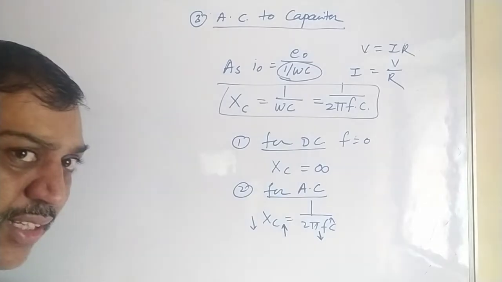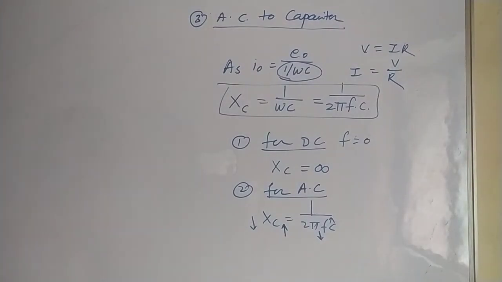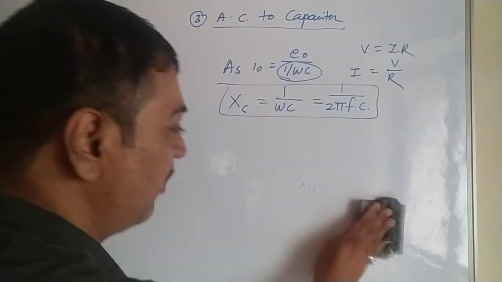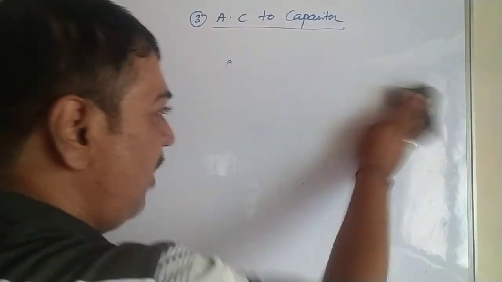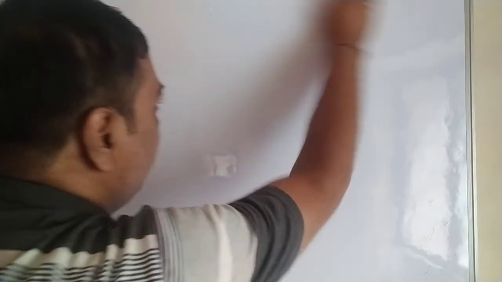It will not pass a low frequency signal, it will pass only high frequency signals. That is said to be AC to capacitor. Capacitive reactance we have seen, inductive reactance we have seen. These are the points we have seen when we apply AC to capacitor and AC to inductor.